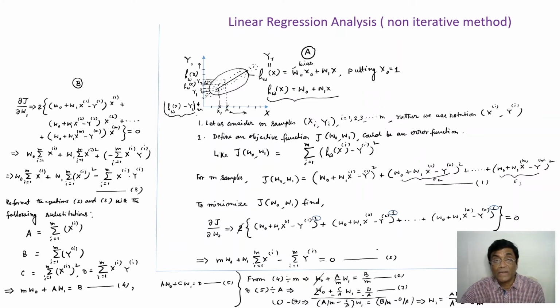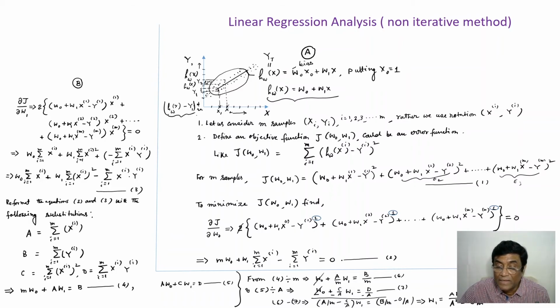So this is one equation, and the moment you have the samples, right? Just like this, you can calculate. This very easily you can calculate. So m, say I have 500 samples, 100 samples, 1000 samples. For that, everything is known except W0 and W1.